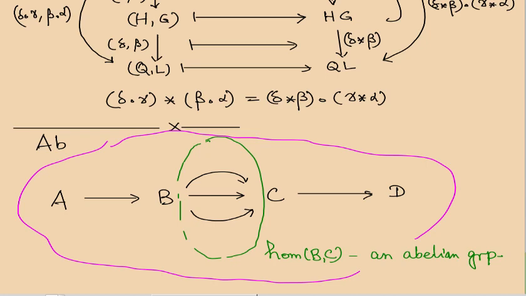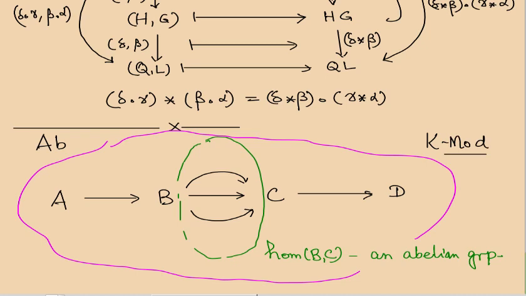If you take k-modules instead, if the picture was for k-modules, where k is a ring, then this would not be a k-module, but it would be an abelian group.